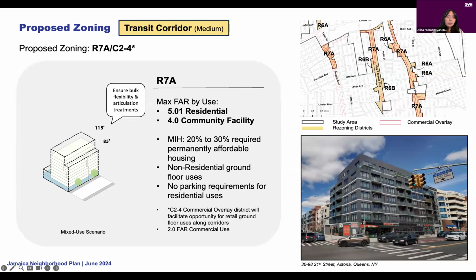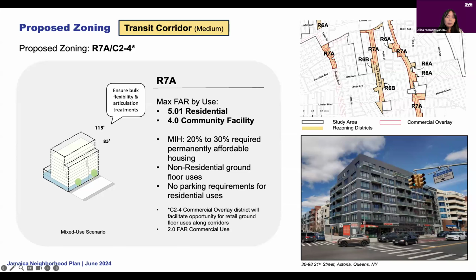To help create the opportunity, we're proposing an R7A district. An R7A district allows for mid-rise residential buildings up to around 11 stories. The zoning district, along with the commercial overlay, can create a few types of buildings, including mid-rise residential buildings, buildings with street-level stores and housing on top, or housing with community facility uses like schools, healthcare facilities, cultural uses, and faith-based uses.